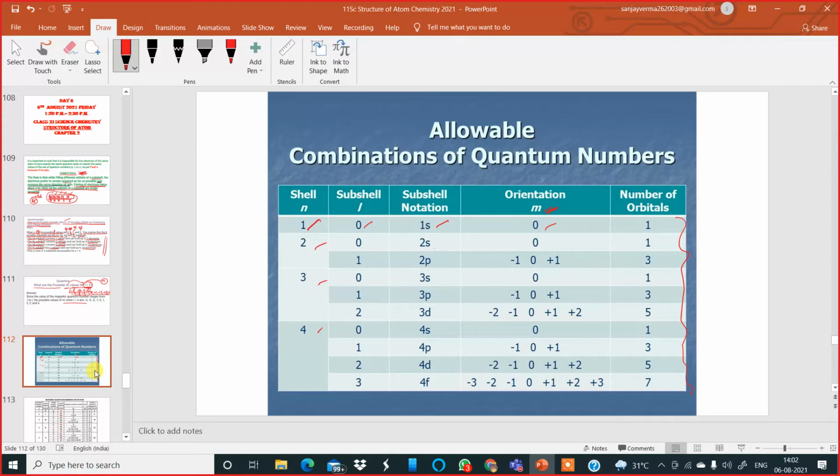Okay, for 2s it is 0, 2p is minus 1, 0, plus 1. Okay, again it goes on like this. So this chart will help you. Please go through it carefully. It will help you to understand the allowable combinations of quantum numbers, which is n, L, and m. Okay, this L means azimuthal, this m means magnetic quantum number.